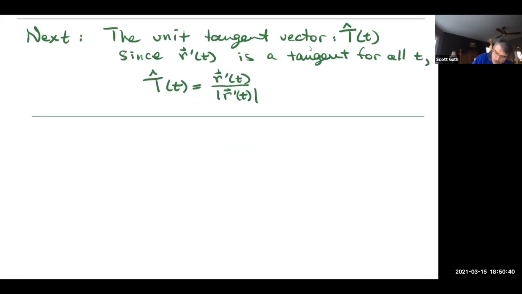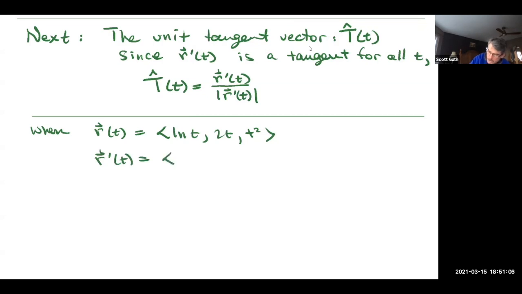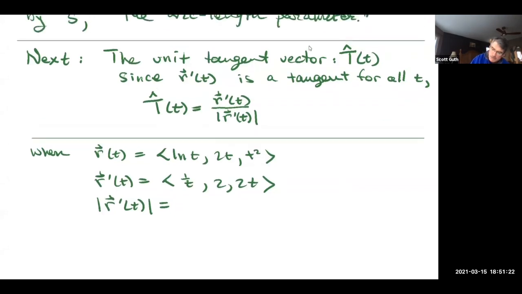So when r of t was this first one I did, which was log t, 2t, and then t squared, r prime of t was 1 over t, 2, 2t, and the magnitude of r prime was, is it 1 over t plus 2t? Okay.